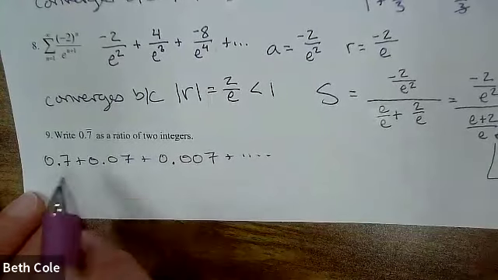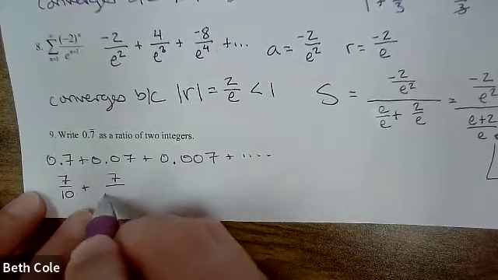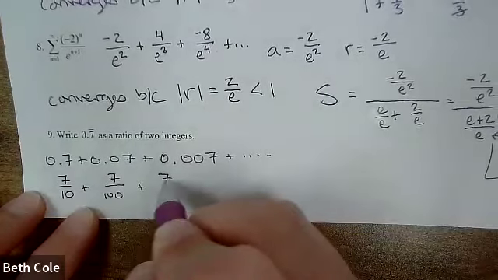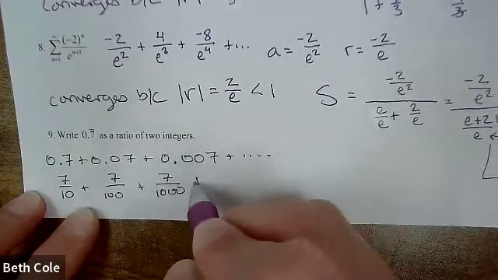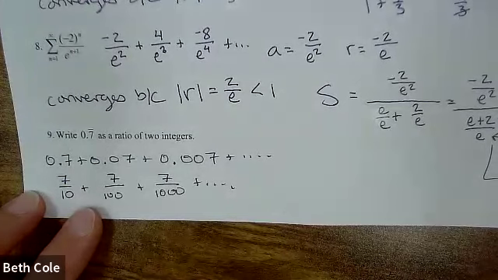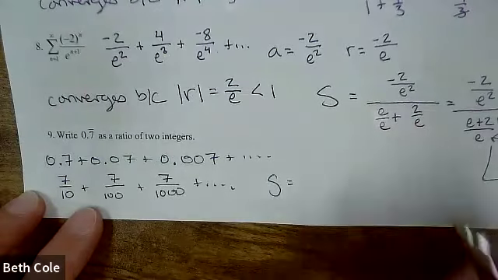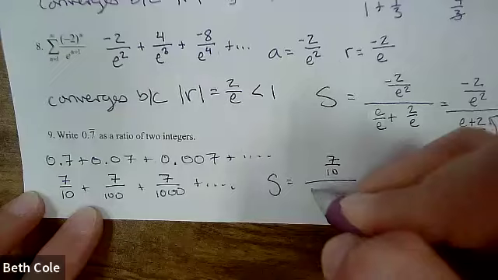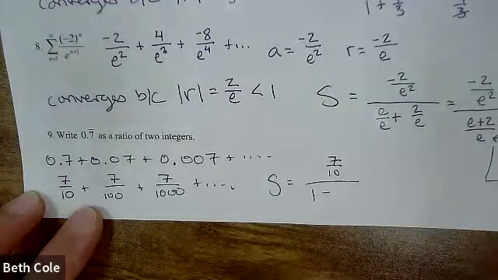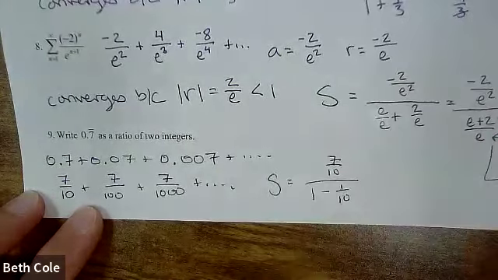And if we do that as fractions, this is 7/10 plus 7/100 plus 7/1000 forever. Do you see how it's a geometric series? So what's a? Let's start with that. a is 7 over 10, over 1 minus r. What are you multiplying by to generate the pattern? 1 over 10.